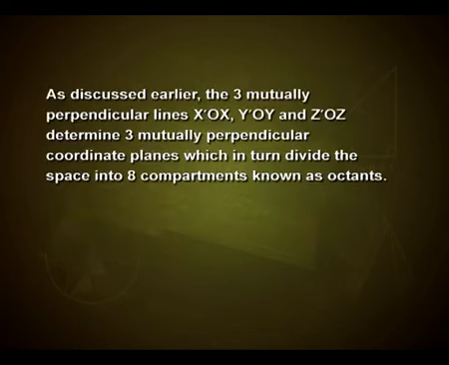As discussed earlier, the three mutually perpendicular lines X'OX, Y'OY and Z'OZ determine three mutually perpendicular coordinate planes which in turn divide the space into 8 compartments known as octants.